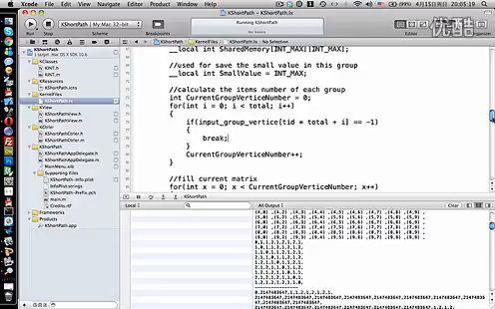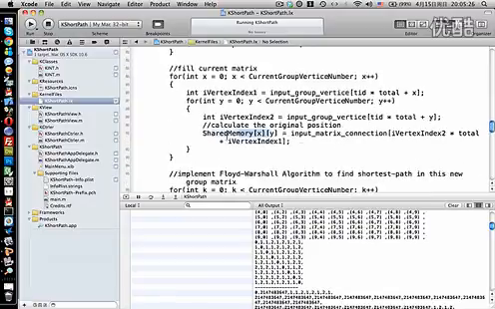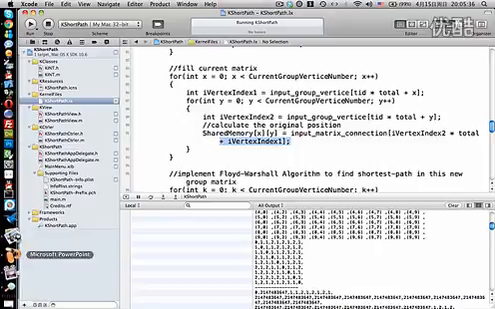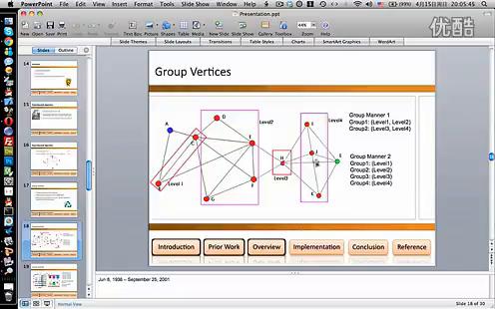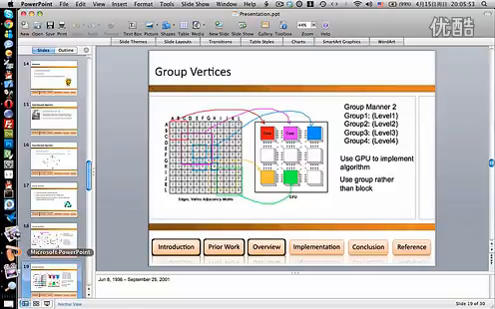So here I just judge whether this vertex is in this group. And here I use shared memory and recombine the original value in order to create this matrix. This matrix's original value is based on this graph. So I need to load this graph value to GPU and then do the Floyd Warshall algorithm.